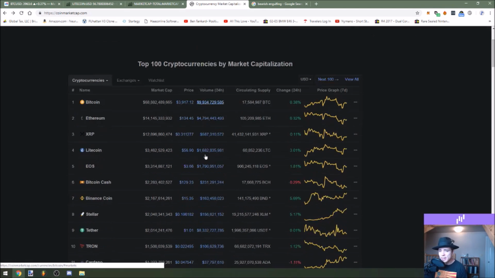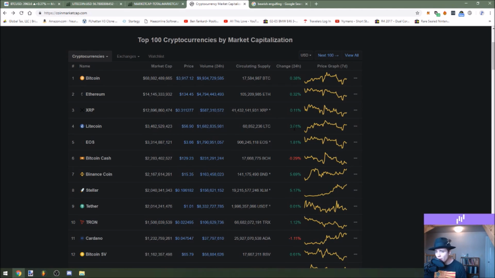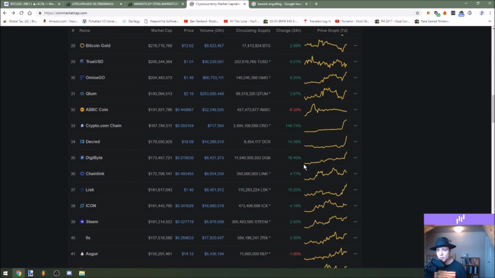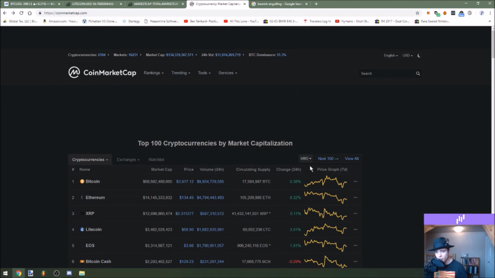CoinMarketCap.com is in the green today. We have a lot of coins on the upside, Litecoin with 3%, Binance with 5%. And even some that are pumping really hard, like Crypto.com Chain, or CRO, which is up 146% today. So this is our top mover.